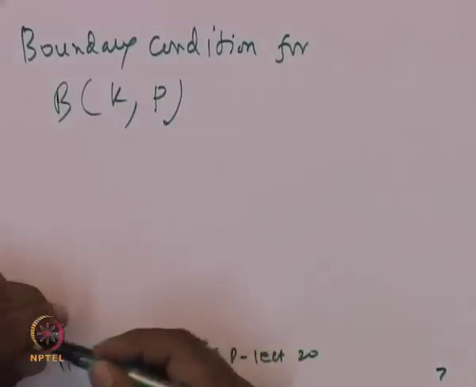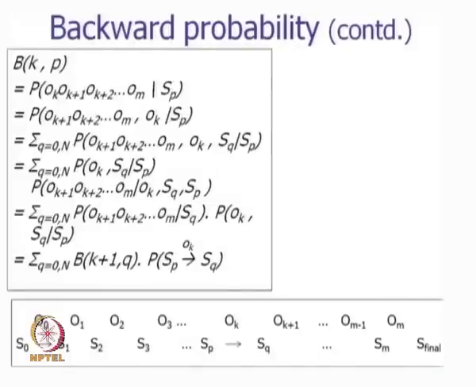So, if you look at the slide, the boundary condition is very clear. The boundary condition is that having observed the last symbol in the whole sequence, the system can be said to be in a final state. All right. So, this should give us the boundary condition. So, we can say that from Sm to the final state S final on outputting Om, okay, is the boundary condition.